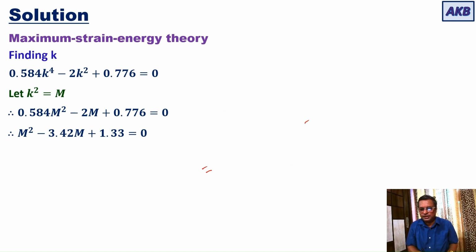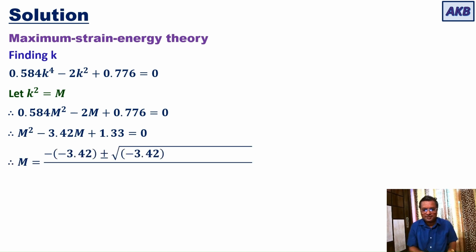Okay, now let us move ahead. I am going to use the equation for finding the roots of a quadratic equation. So that gives me m is equal to minus b, which in this case is minus of minus 3.42, plus minus under root of b square, that is minus 3.42 square, minus 4 into a, which is 1, into c, which is 1.33, divided by 2 into 1.